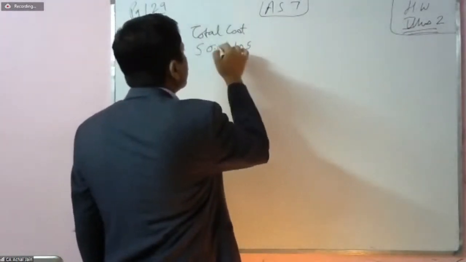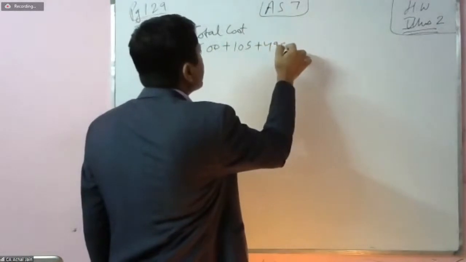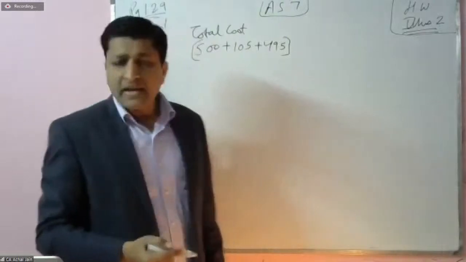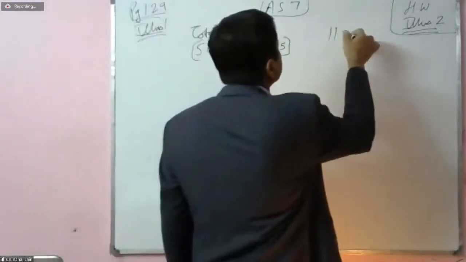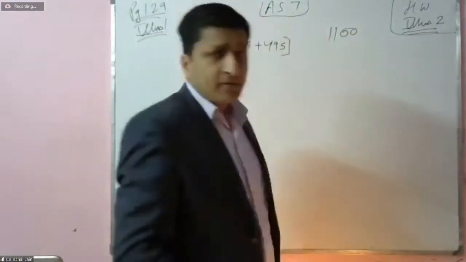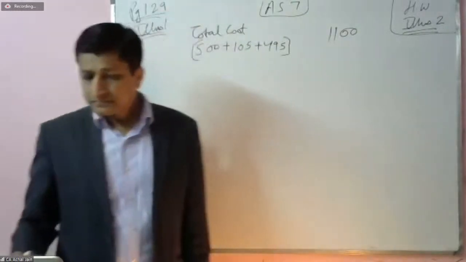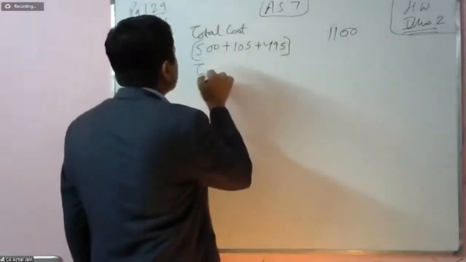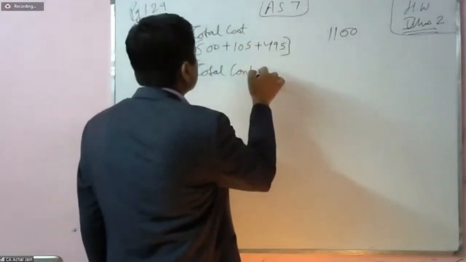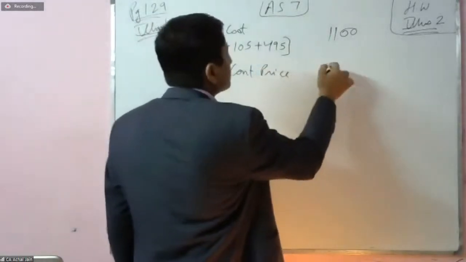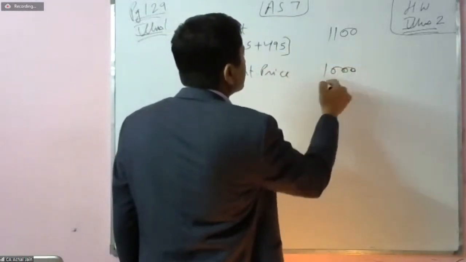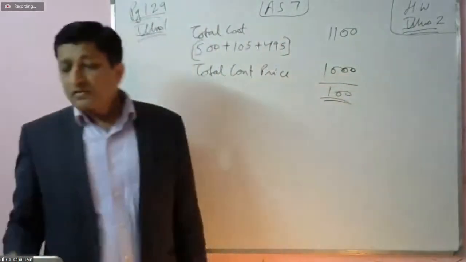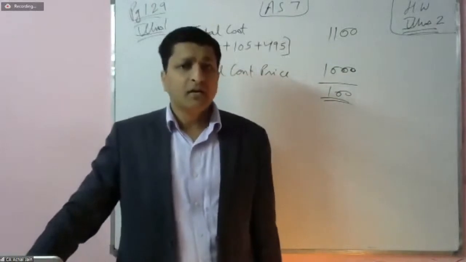500 plus 105 plus 495, 1100. And the total contract price is 1000. So which means this contract will result in a loss.